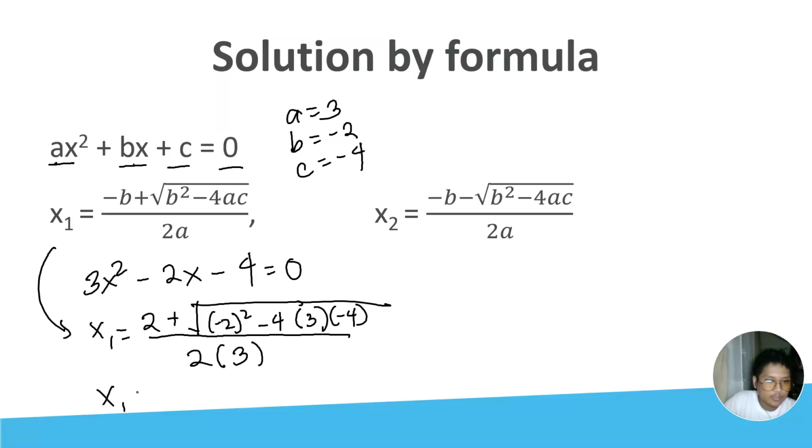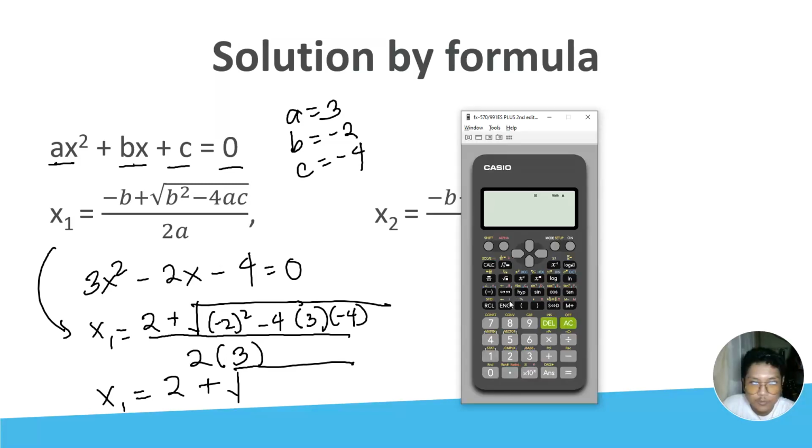So x of 1 is equals to 2 plus the square root of 4 minus, so compute na natin yung nasa loob ng radical. Okay, 2 squared minus 4 times 3 times 4. Sorry, sama natin yung sign.